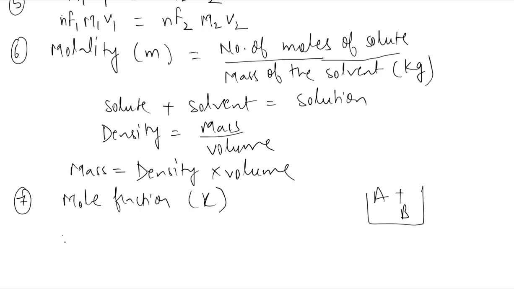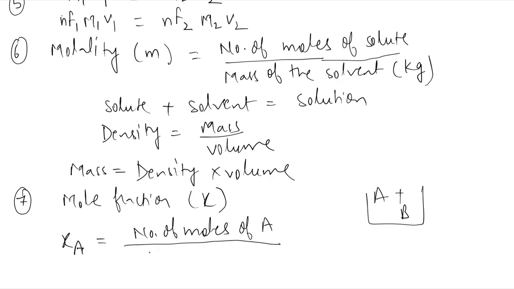So if I have to find the mole fraction of component A, that will be given by number of moles of A divided by number of moles of A plus number of moles of B.